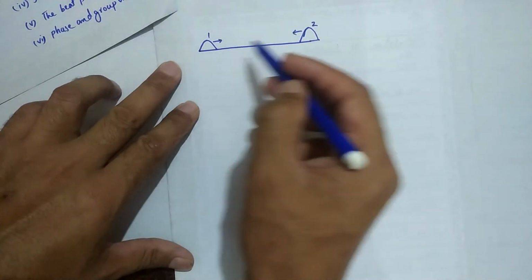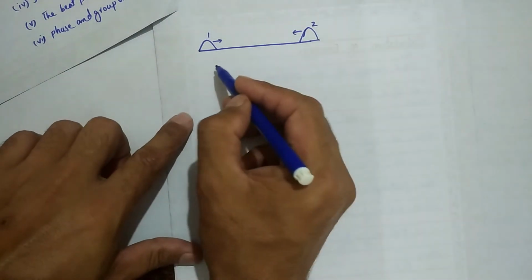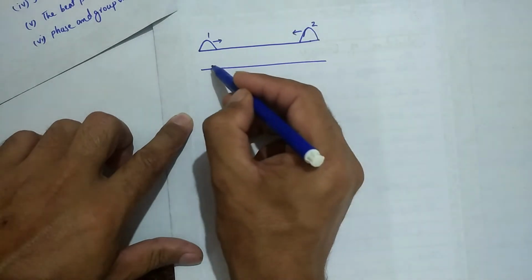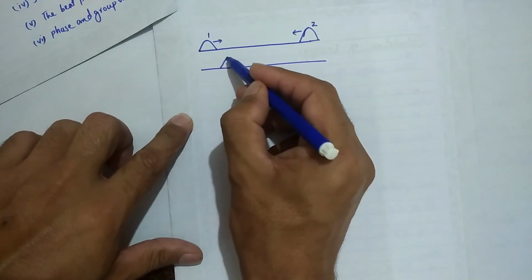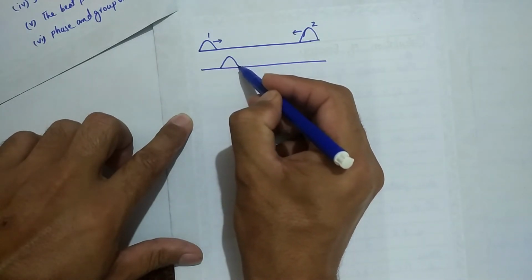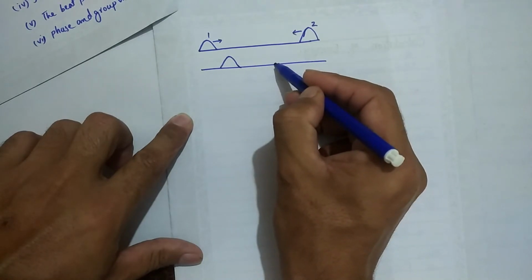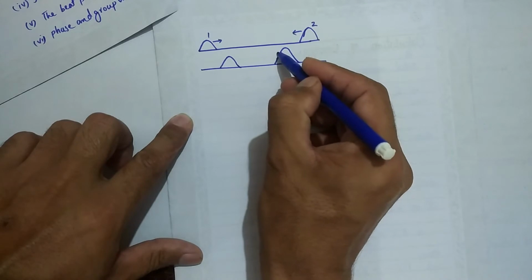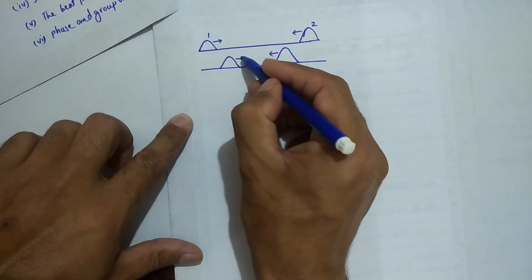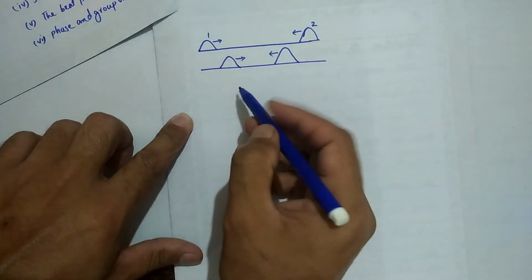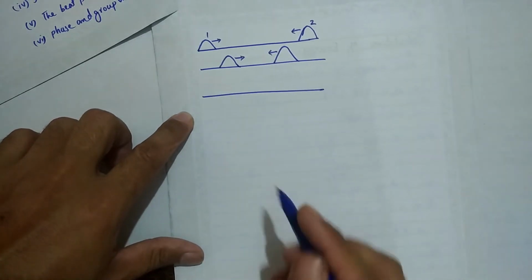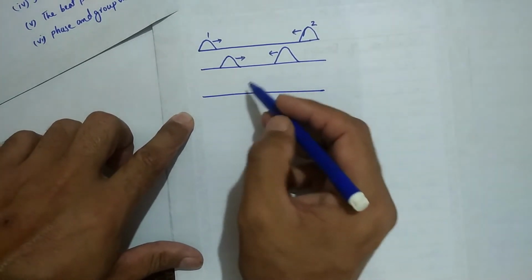If the two pulses are traveling in the same medium, as time goes on the pulses will approach each other. The second one has now reached here, while the first one has reached here, and a time will come when both the pulses arrive at the same point.